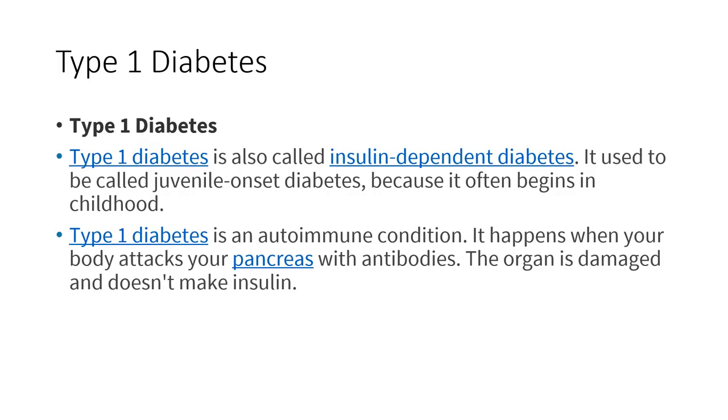So type 1 diabetes is also called insulin dependent. This usually happens in kids. There's usually some kind of autoimmune situation, a virus that attacks the pancreas beta cells, something that's going on that causes the pancreas to be damaged, and it will no longer make insulin.